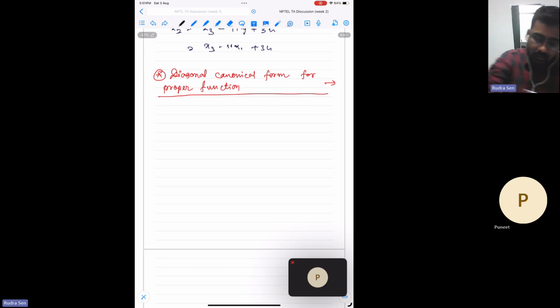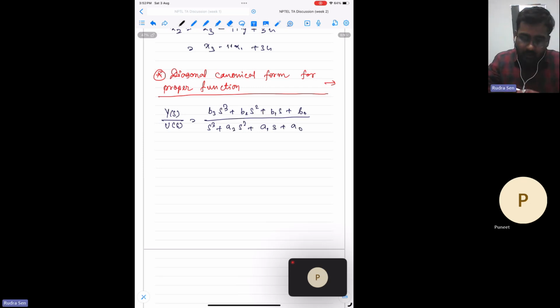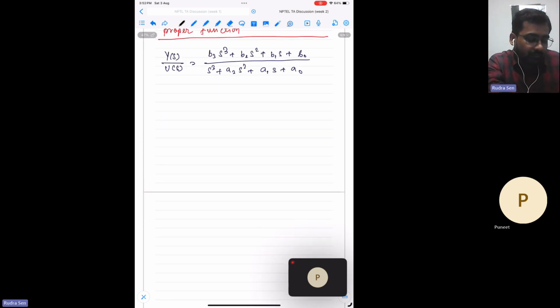In the proper transfer function, as we know, proper means the degree of the denominator and the degree of the numerator are the same. Since they are similar, we cannot do the partial fraction method here.